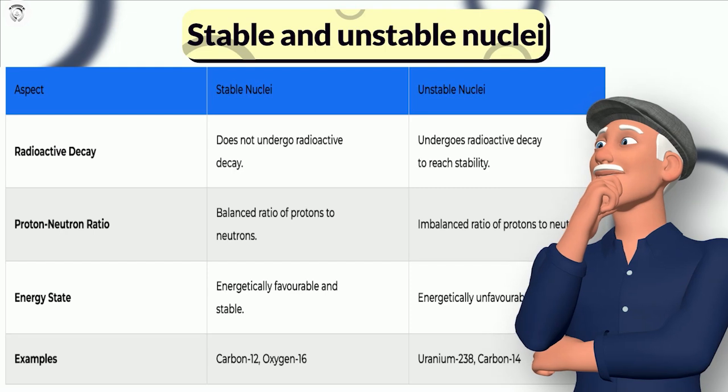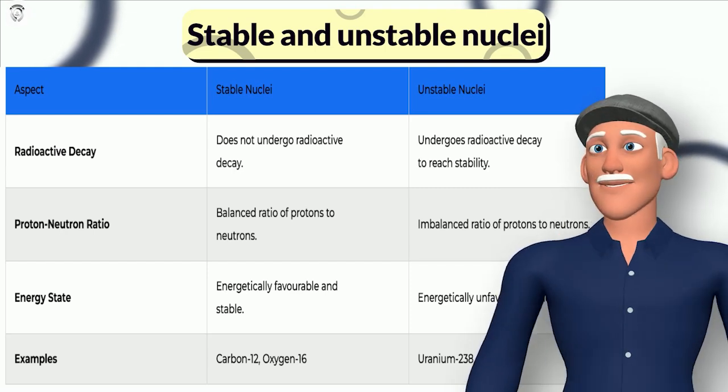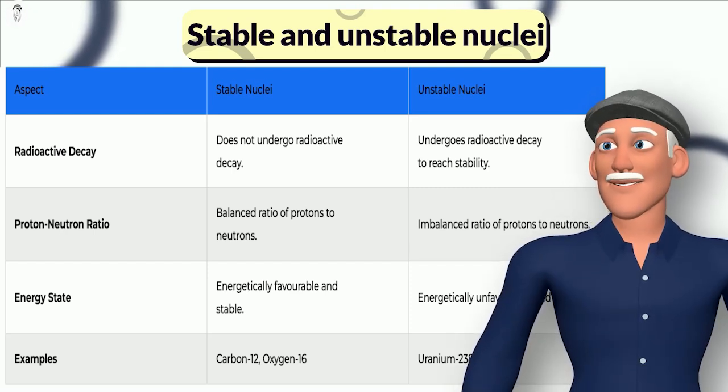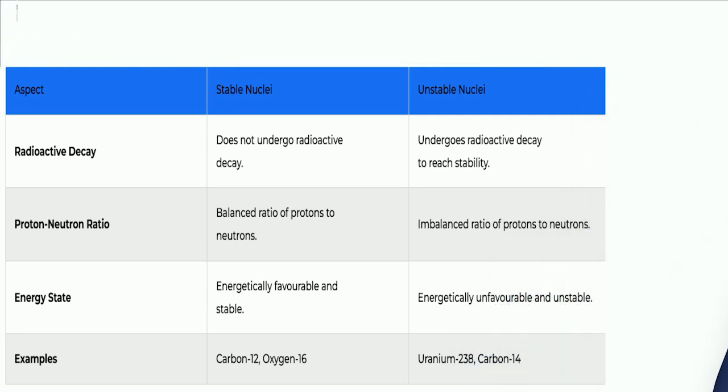Next concept is about stable and unstable nuclei. There are a few differences which you should remember about stable and unstable nuclei. I have a separate video about why we call a nuclei stable and why we call a nuclei unstable.